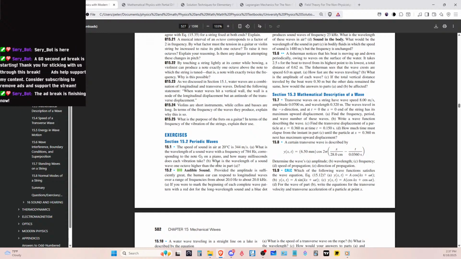How many milliseconds does each vibration take, and what is the wavelength of the sound wave 1 octave higher than the note in part A? Okay.